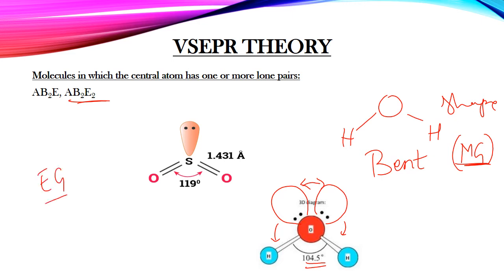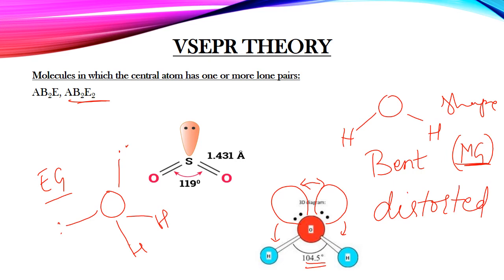But the electron geometry, if we are considering all the 4 pairs of electrons there, the geometry becomes like this. If these are the lone pairs and these are the hydrogen atoms, it is somewhat tetrahedral. The geometry of water molecule is somewhat tetrahedral, so we refer to it as distorted tetrahedral. It is distorted because of the presence of two lone pairs.